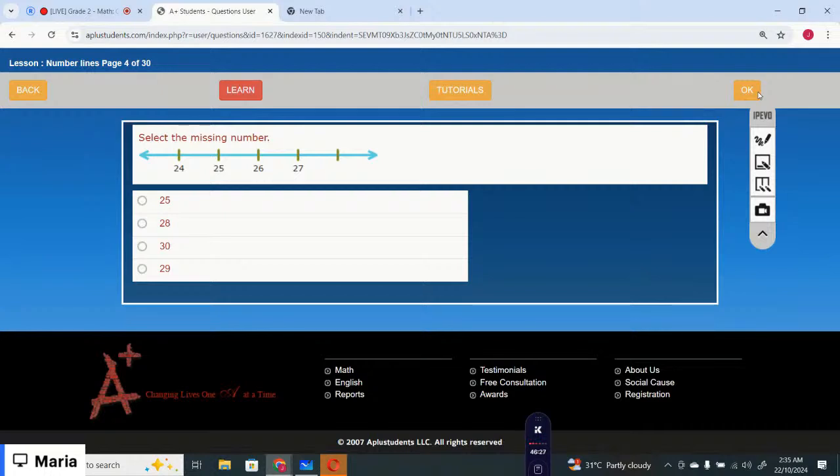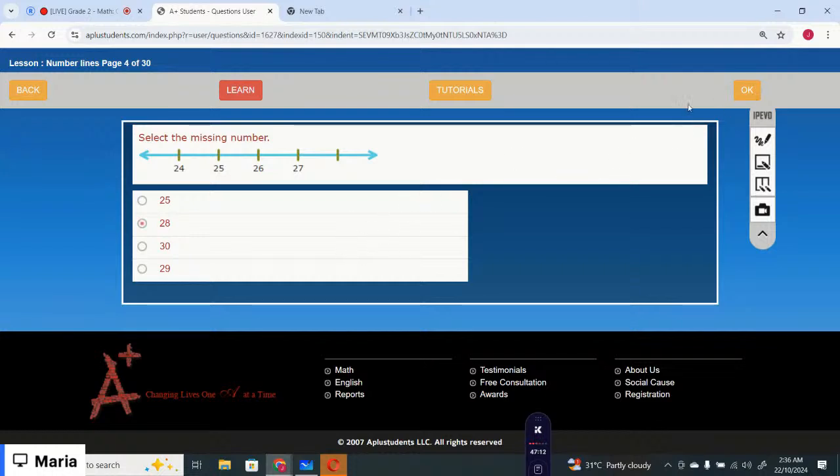Select the missing number. So the missing number is 28.